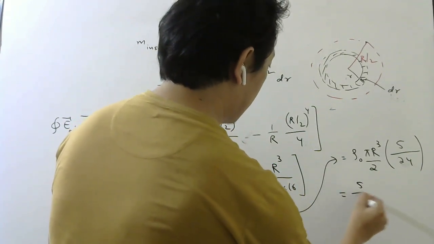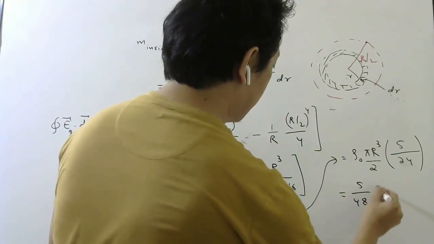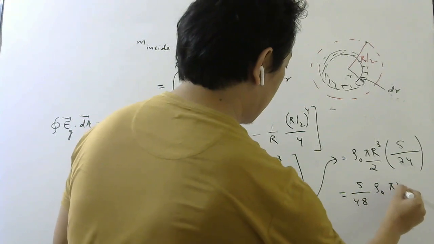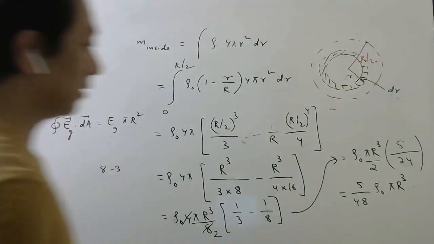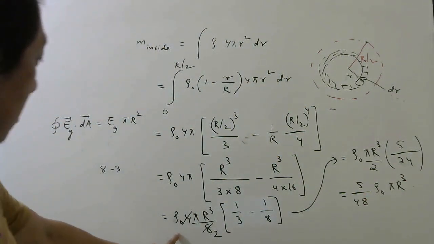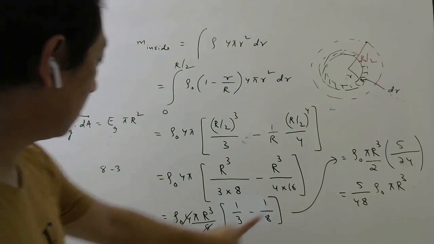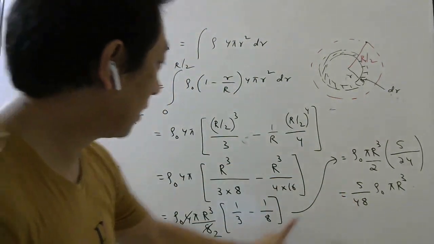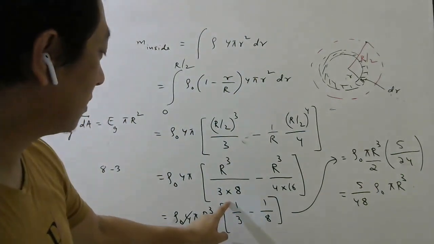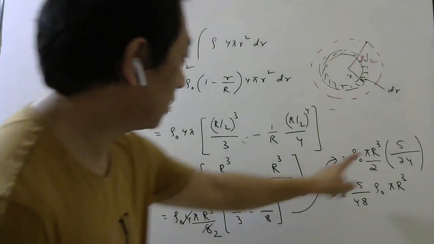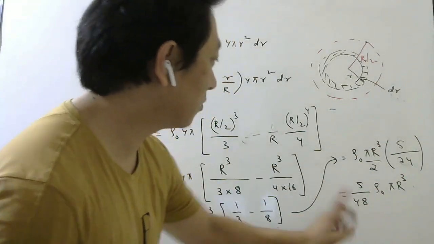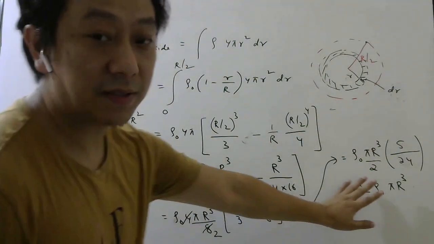So 5 by 48 rho naught pi r power 3. So let me check once. Rho naught, 4 twos are 8, 2 will be there here, 3 and 8 LCM is 24, 3 eights are 24, 8 threes are 24, 8 minus 3 is 5, 2 into 24 is 48. So that is my mass inside.